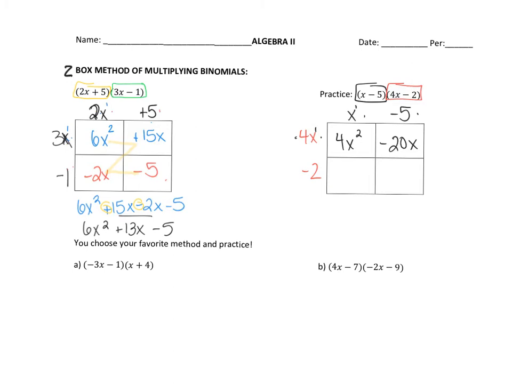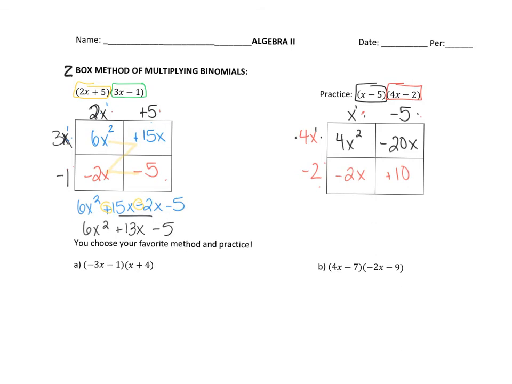Okay? Then we're going to multiply this term by this term, and -2 times x becomes -2x. Important again, look, I kept my signs, right? I keep my signs in my box. Lastly, I'm going to multiply the -2 times the -5, which gets me a +10. Okay, so now we have our box filled.